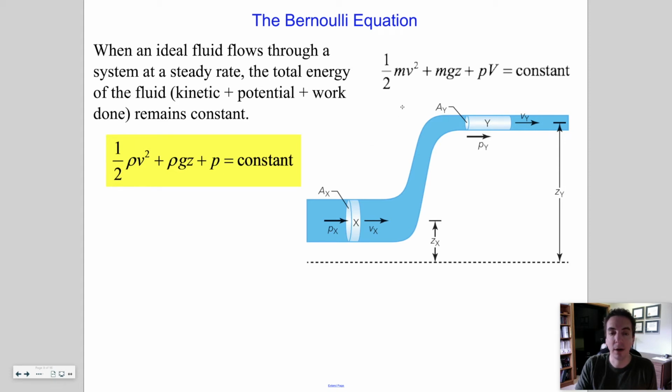So what we've got here is dividing all these terms by volume. So 1/2 mass divided by volume gives you density. Here we've got mg, but mass divided by volume again gives you density, and pressure times volume divided by volume gives you pressure.